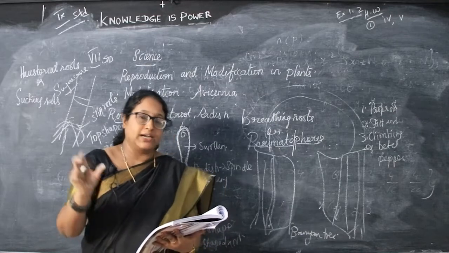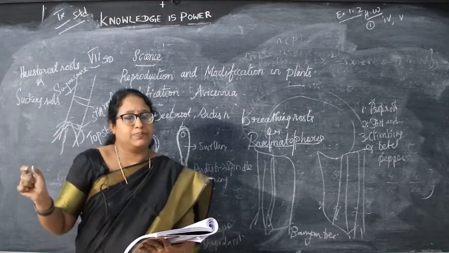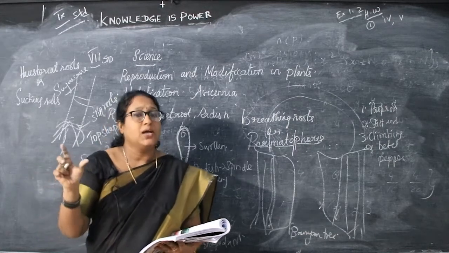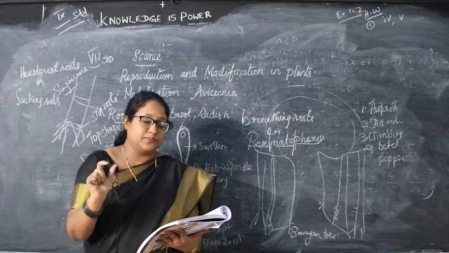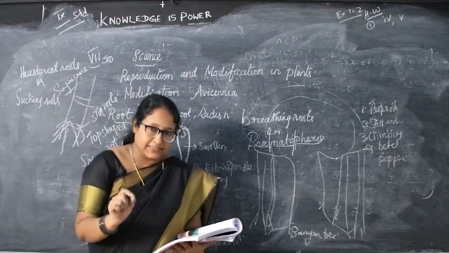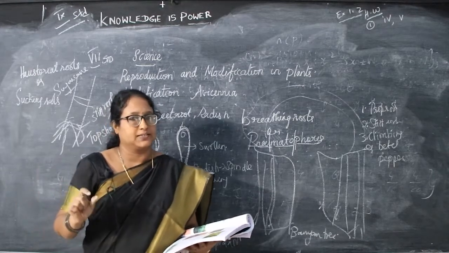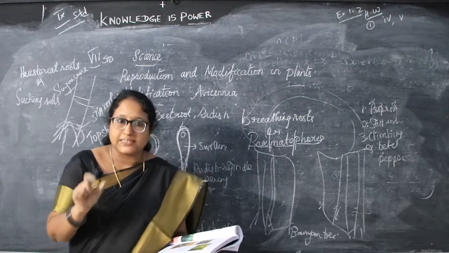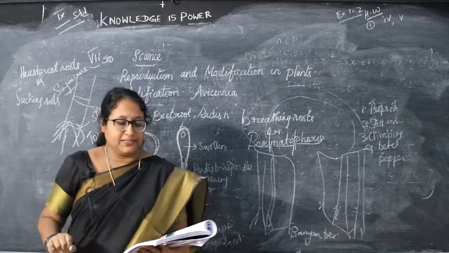What does it do? It sucks the nutrients from the other plant, that is the neighbor plant or the host plant. They are usually found in parasites which depend on host plants for nutrients. So they are called haustorial roots. Haustorial means sucking, that is they depend on the host plant for sucking the nutrients.